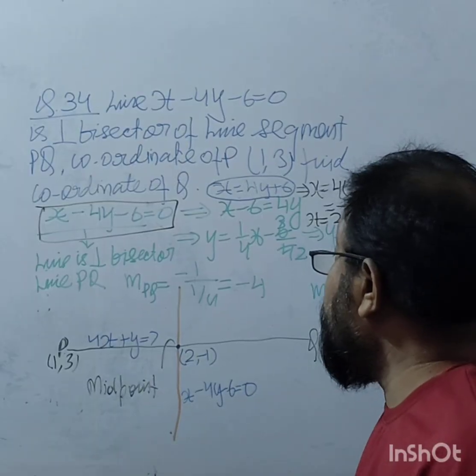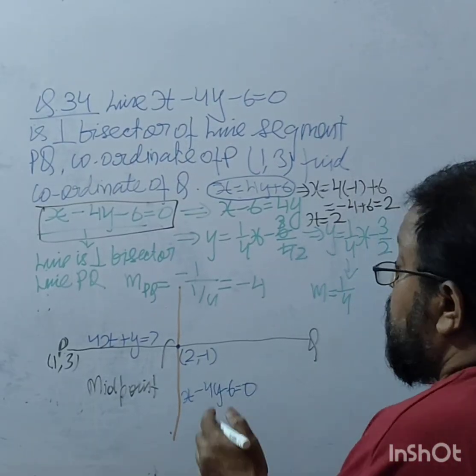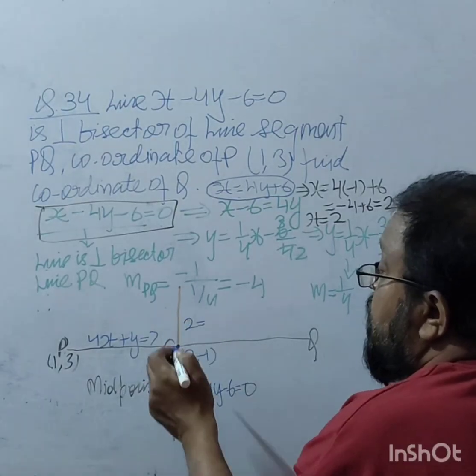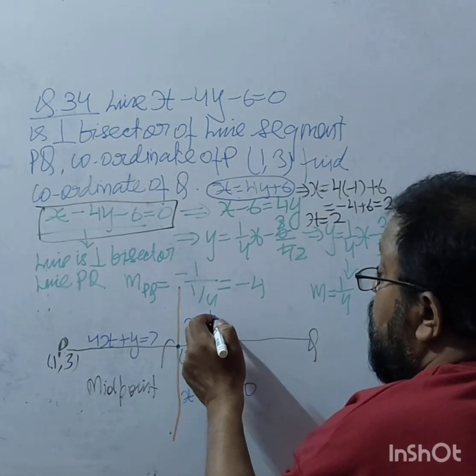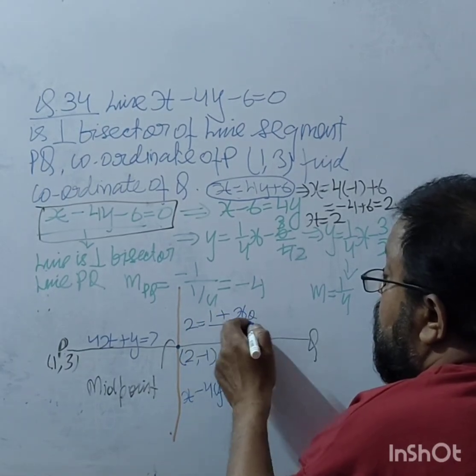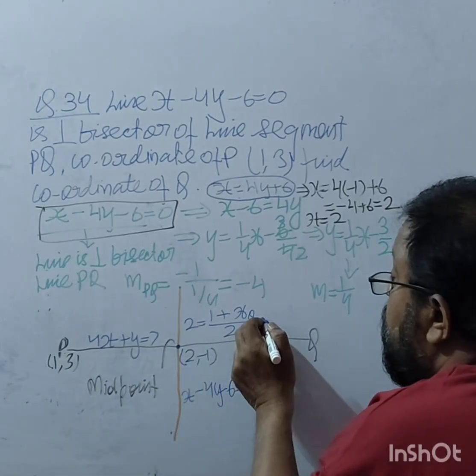When it is the midpoint, what will be the coordinates? 2 is equal to 1 plus x of Q upon 2. 2 times 2 becomes 4.